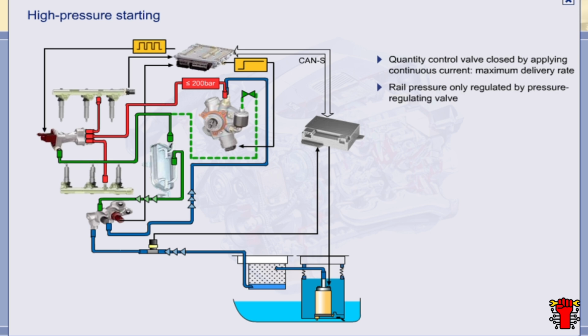In high-pressure starting conditions, the rail pressure is regulated exclusively by the pressure-regulating valve. During a high-pressure start, the low fuel pressure is regulated to between 5 and 5.5 bar.